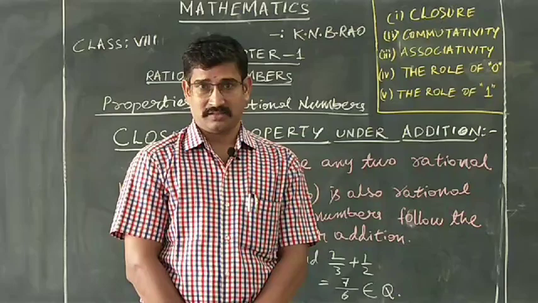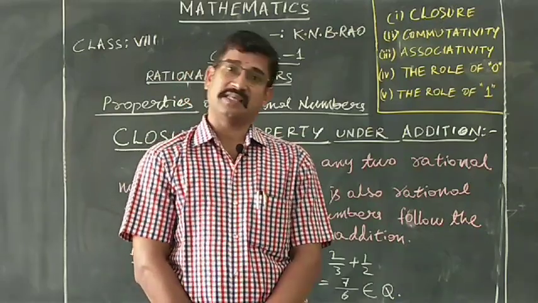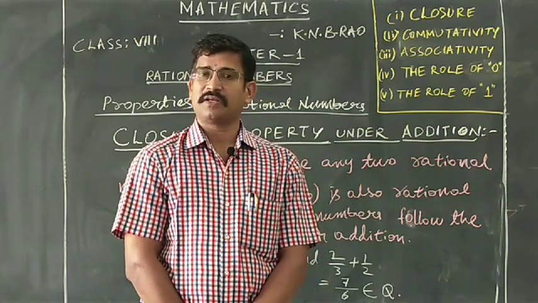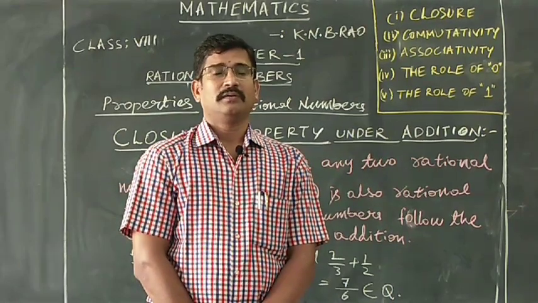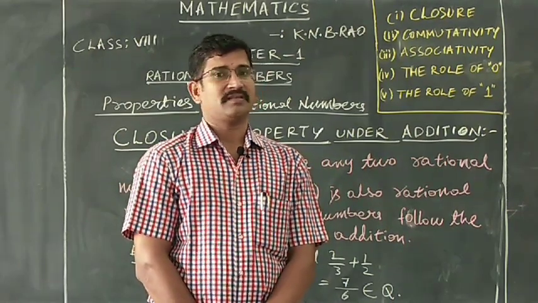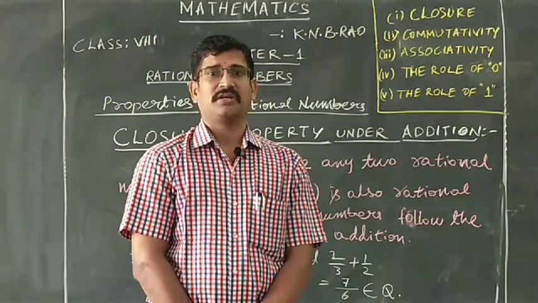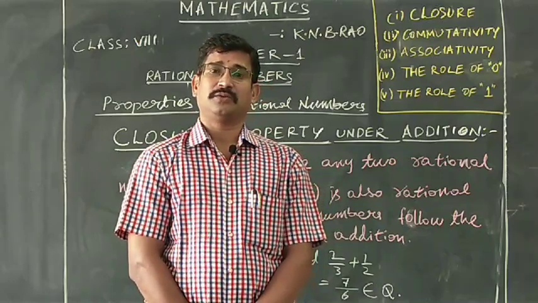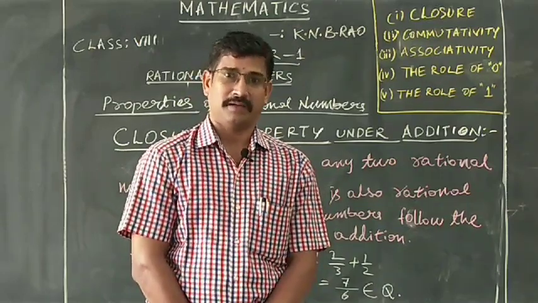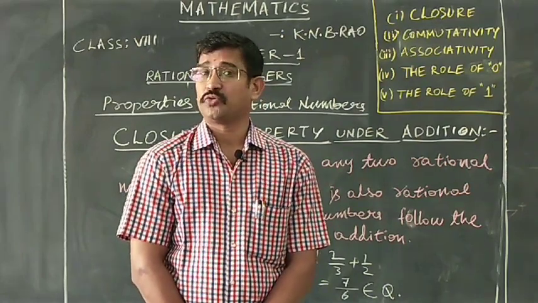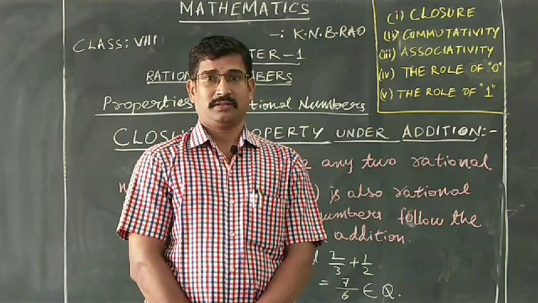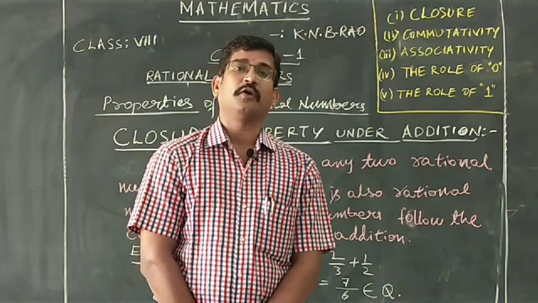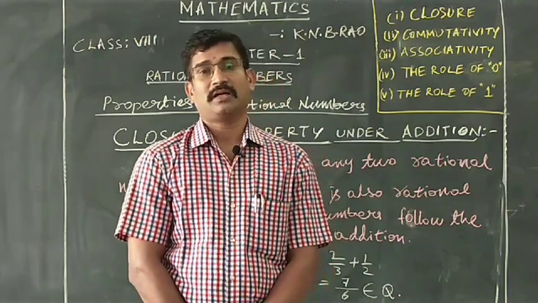Closure property tells us if you take two numbers of the same family and do an operation on them, we have totally 4 arithmetical operations, that is addition, subtraction, multiplication, division. If you do any one of the operations on two numbers of the same family, the result should be a number of the same family. If it is not, then that number set is not following closure property under that operation.